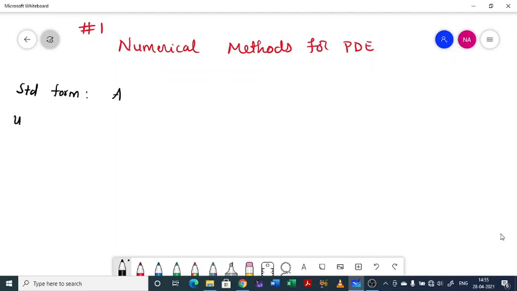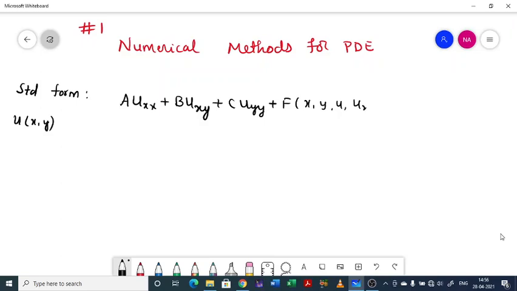I will consider the function u of x comma y, a function in two variables. The standard form will be a into u double x plus b into uxy plus c into u double y plus f of x, y, u, ux, uy equal to 0.